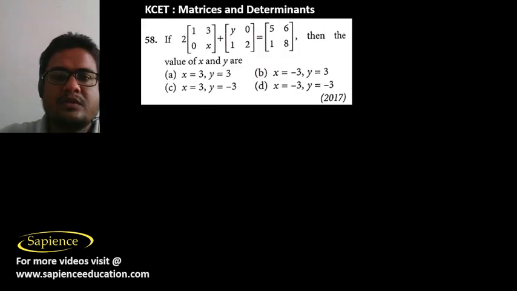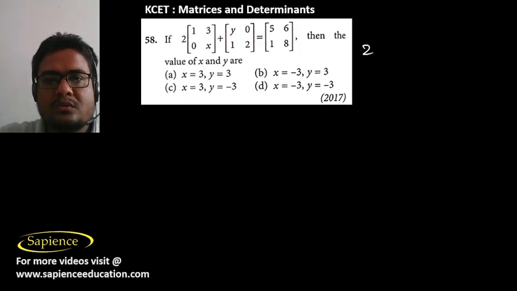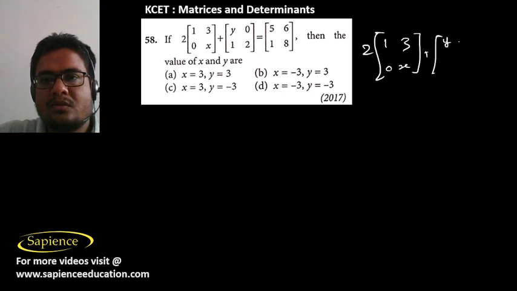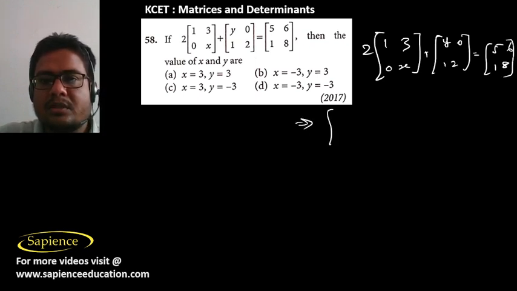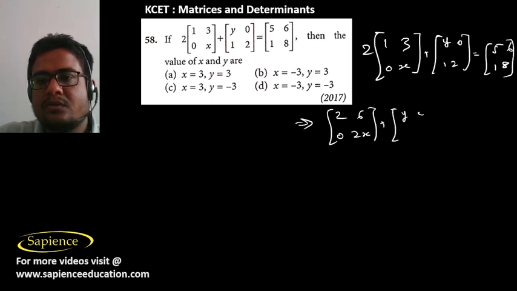Then question number 58 says that if 2 into matrix 1 3 0 x plus y 0 1 2 is equal to 5 6 1 8, then find the values of x and y. So you can write this as 2 6 0 2x plus y 0 1 2, that is equal to 5 6 1 8.